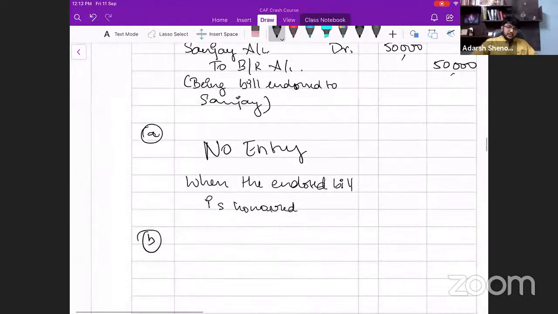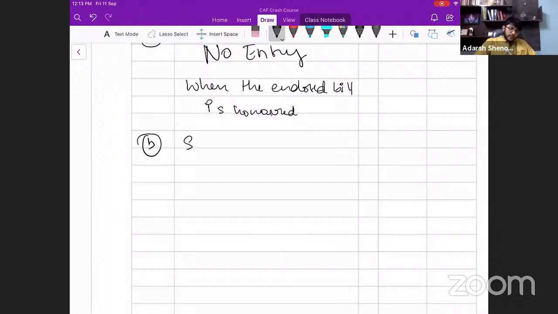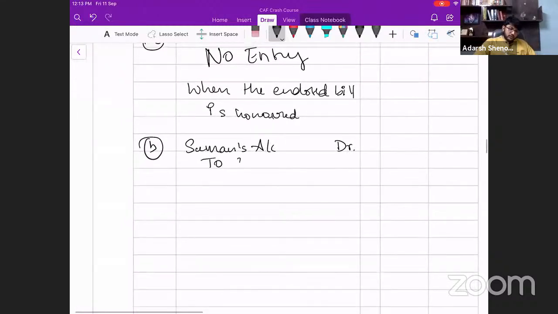So when the bill is dishonored, we pass an entry: Suman's account debit, to Sanjay's account.